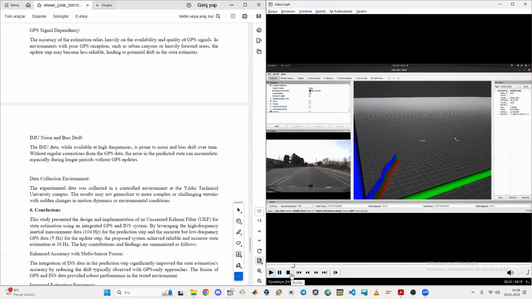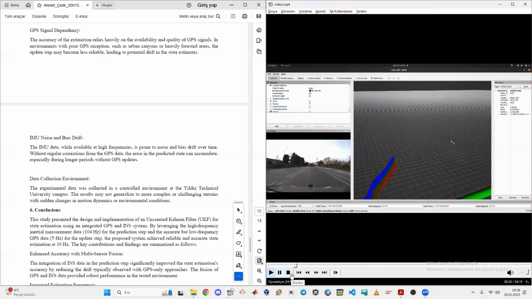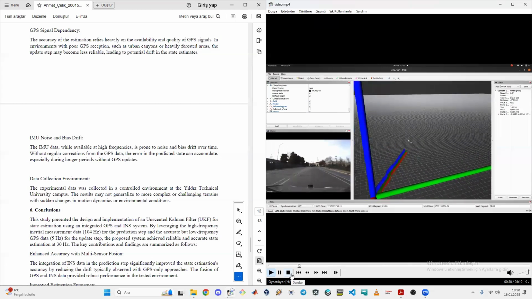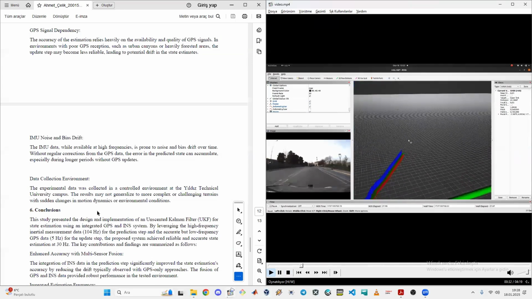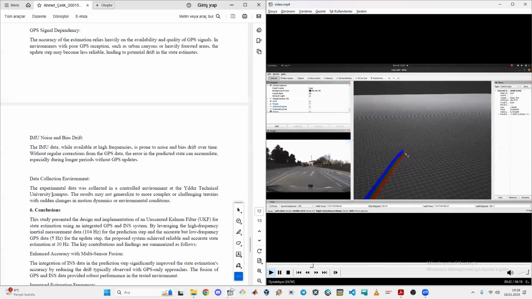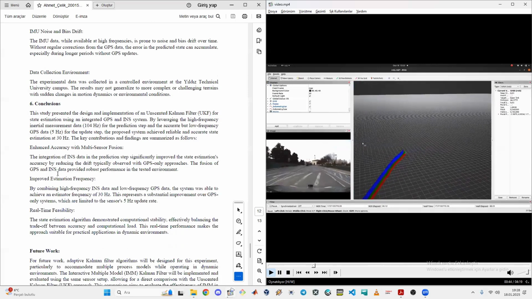Second, INS noise and bias accumulation. Although INS data is provided at high frequencies, it is susceptible to noise and gradual bias drift. In the absence of frequent GPS corrections, errors in the predicted state may grow over time, particularly during extended periods without GPS updates.